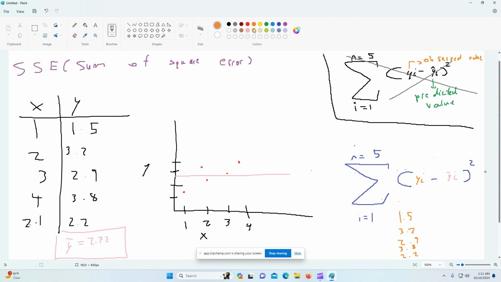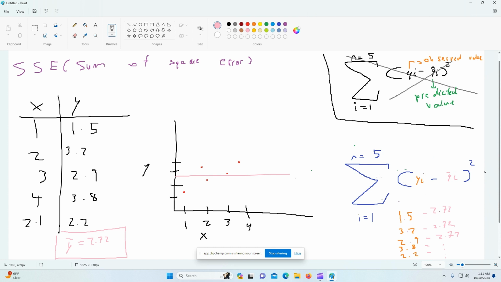We're going ahead and subtract each of these by the mean. So what's our mean? 2.72. So 2.72, 2.72, and so on, right?